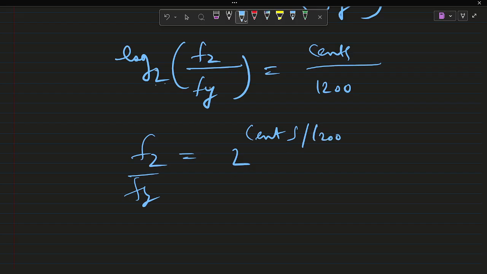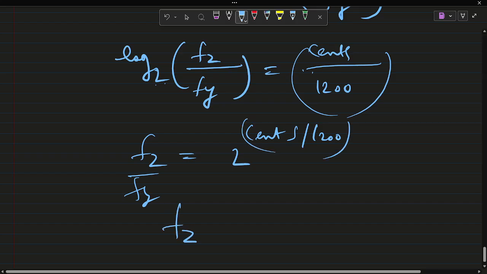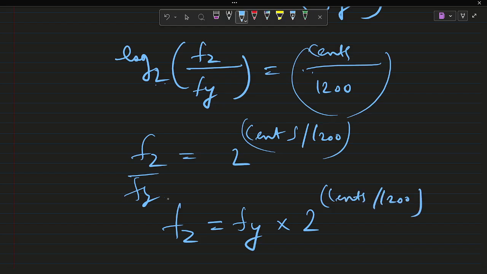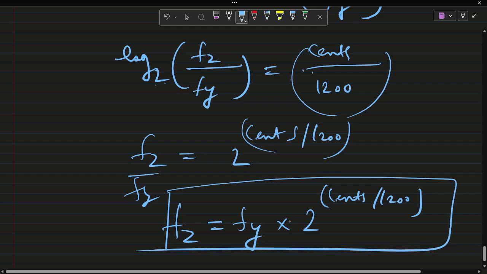So your higher frequency fz will be fy into 2 power cents by 1200. Here cents means the number of cents between two particular notes.